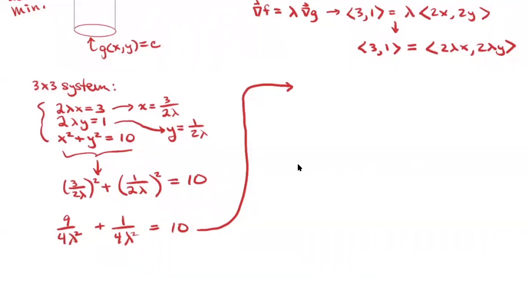Of course, that says 10 over 4 lambda squared equals 10.